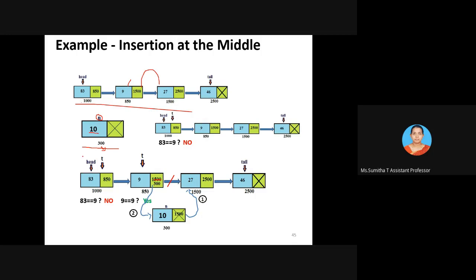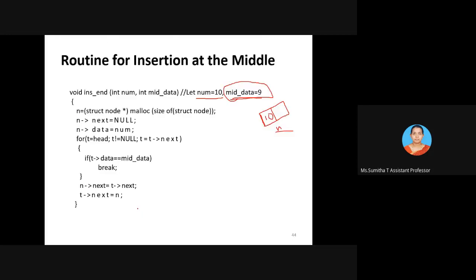This is the node I'm going to insert. First I check whether the particular node is a head or not. These 3 lines create the new node with the value 10, the n node.